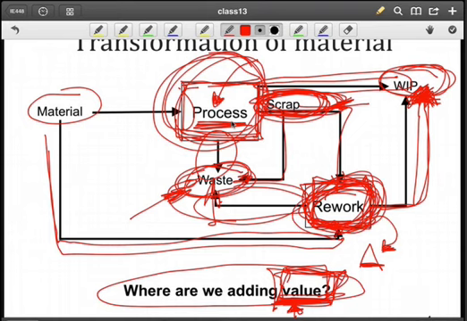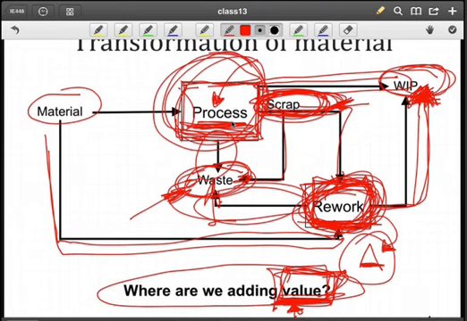We are not commenting on whether it's a good idea to do rework. We're only commenting on the delta that that particular process is producing in terms of geometry and material properties. So in both cases, we have value being produced by the process and value being produced by rework.